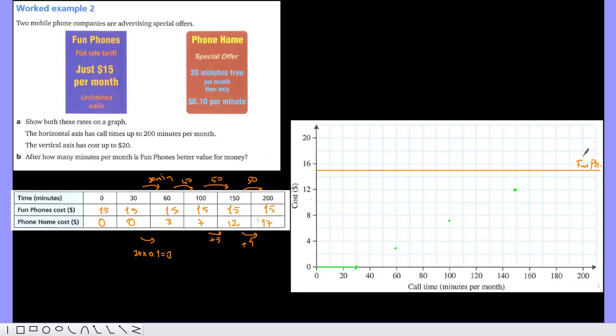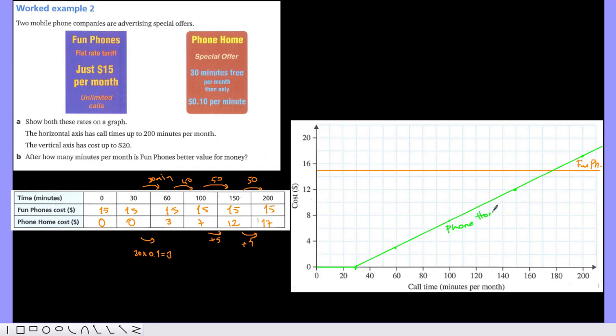Okay, so as you see, it is linear. When we draw the line, you're going to understand that. If you start from this one, as you see, they're all on the same line. So this is the second one, and this is the price of Phone Home.